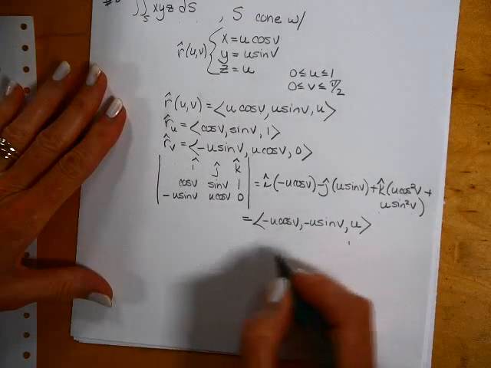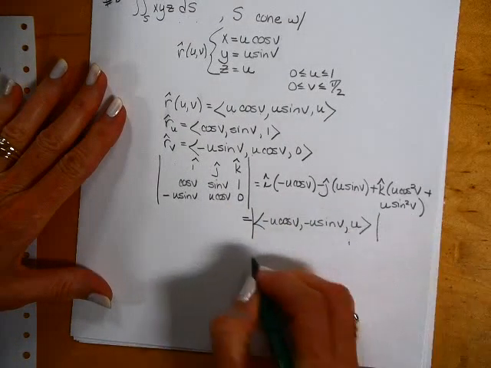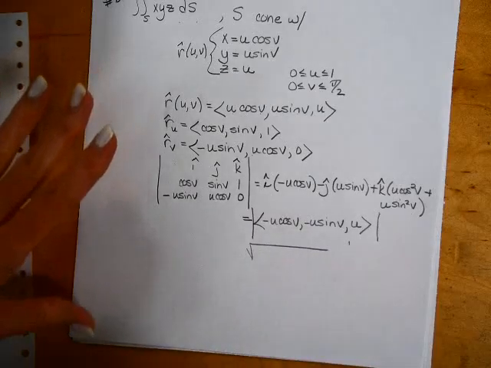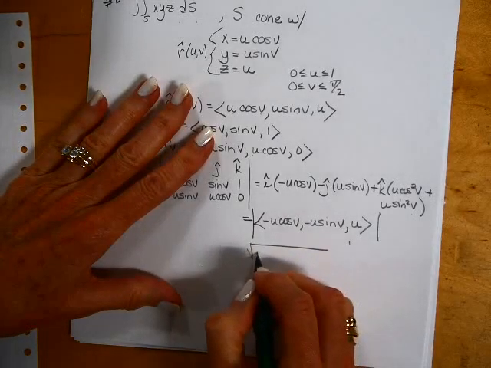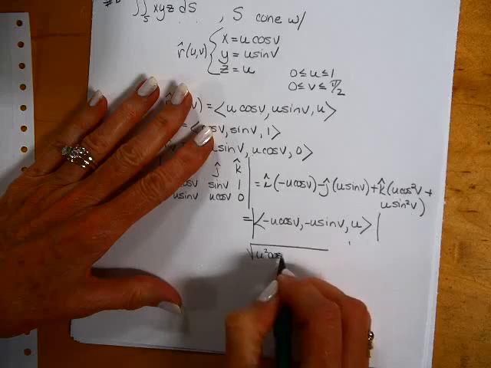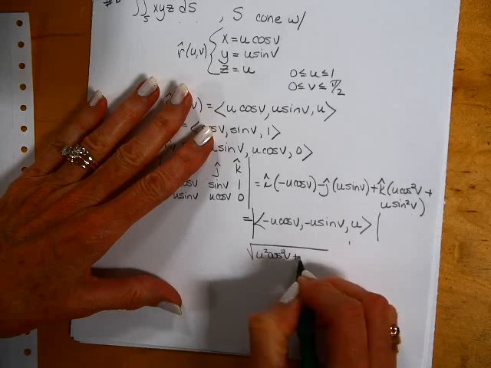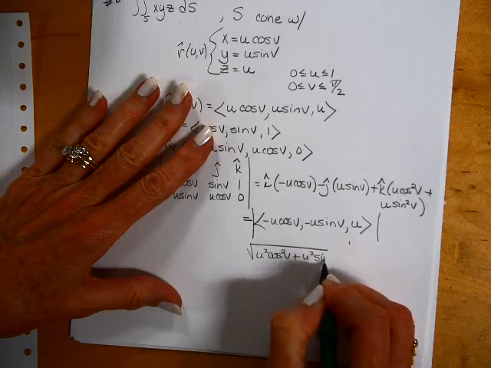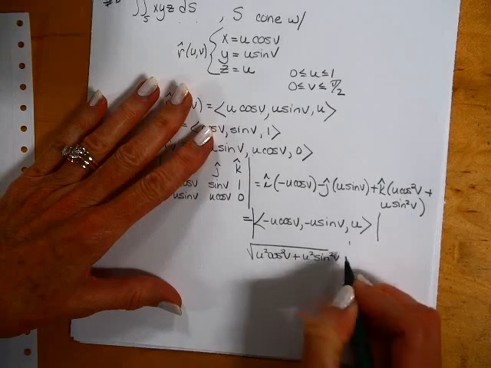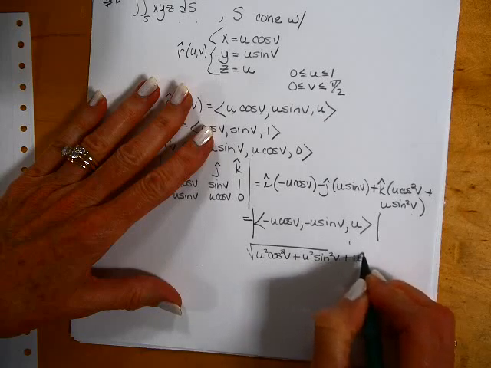All right, so now the magnitude of this thing is the square root of u squared cosine squared plus u squared sine squared plus u squared.